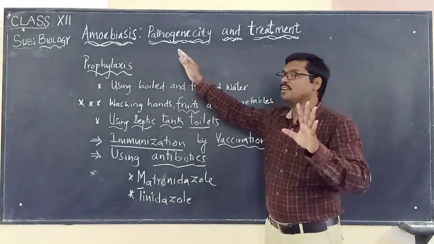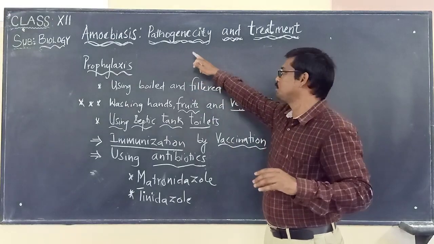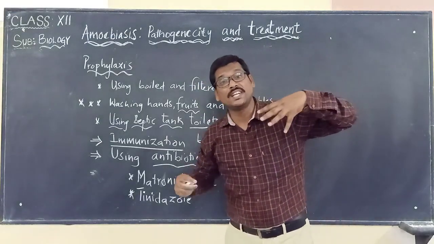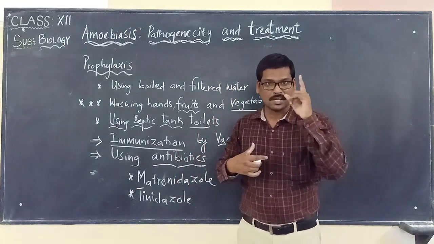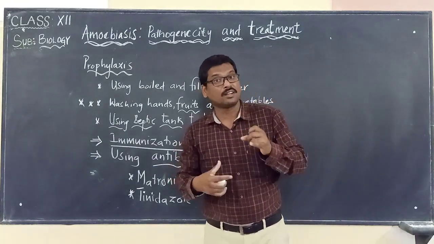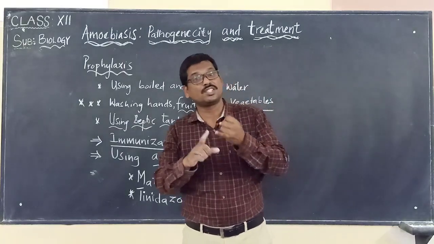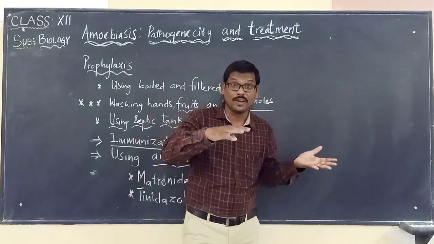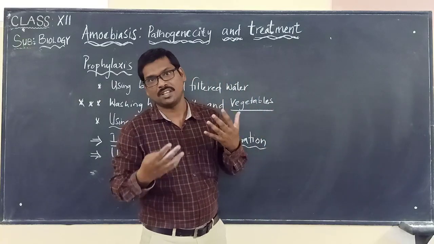So here today we learned about amoebiasis, pathogenicity and treatment. How it attacks the digestive system, that is the large intestine, causing blood with mucus stools, and again we have seen how it also attacks other organs when it becomes severe.